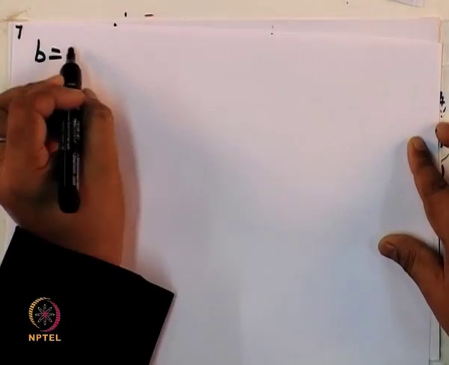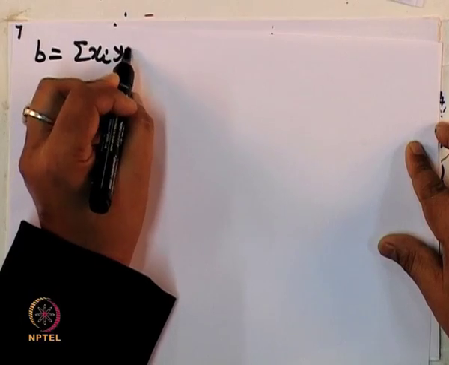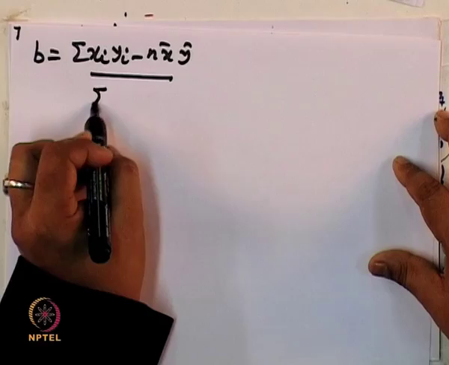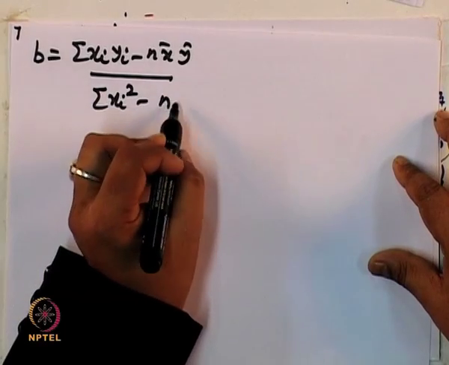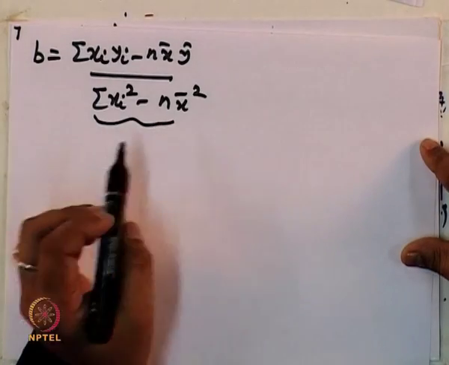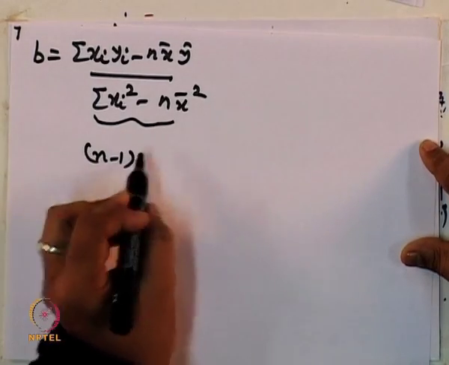Okay. So, let us see what is this. So, again I will write down the expression for b, this summation xi yi minus n x bar y bar by summation xi square minus n x bar square, right. So, what is this? This is nothing but n minus 1 into sx square.